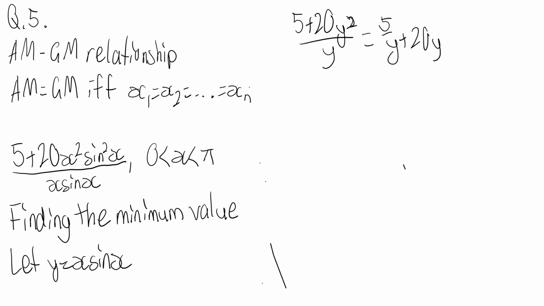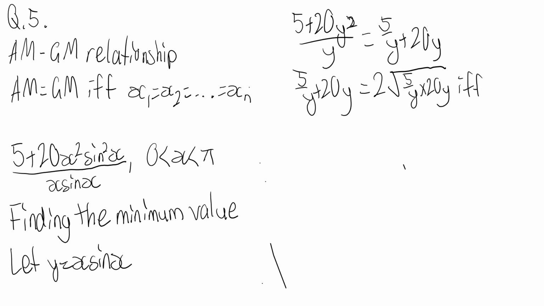Now, 5 on y plus 20y will equal 2 root 5 on y times 20y, if and only if 5 on y equals 20y. Just skipping a few steps here, we'll get that 5 on 20 equals y squared.